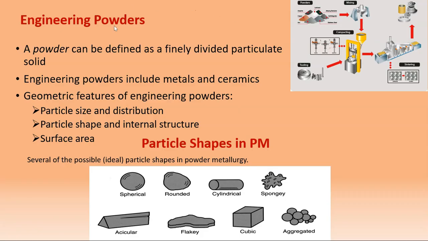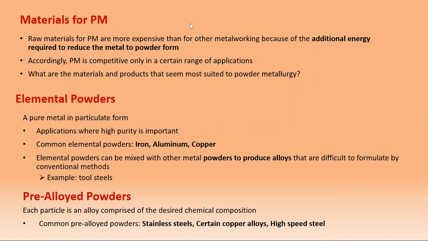Let's look at the engineering powder or the metal powder, which depends on the size. They can be spherical, rounded, or cylindrical. These are the materials for powder metallurgy, which can be very expensive, depending on the metal and also on the process. They have to turn the metal into powder form.